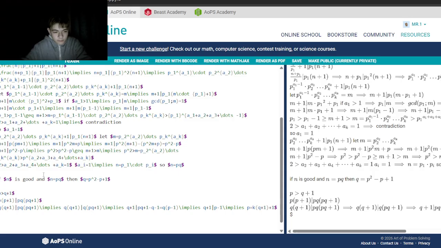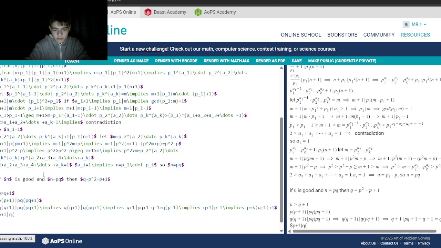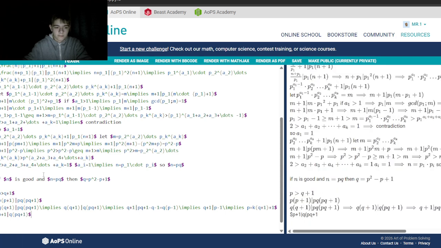So we can simply remove p from both sides. So p plus 1 divides q times pq plus 1.